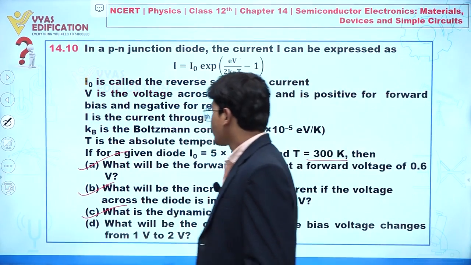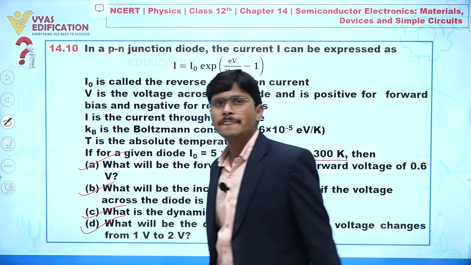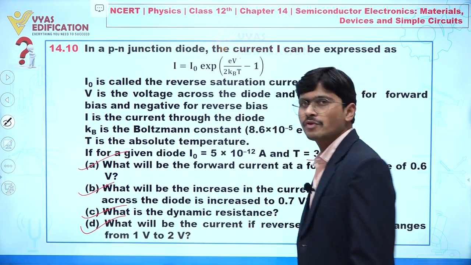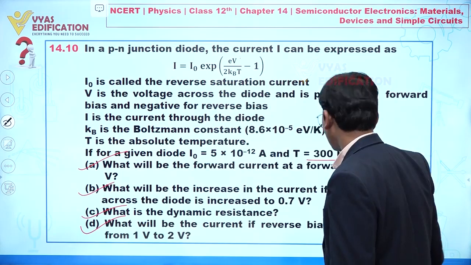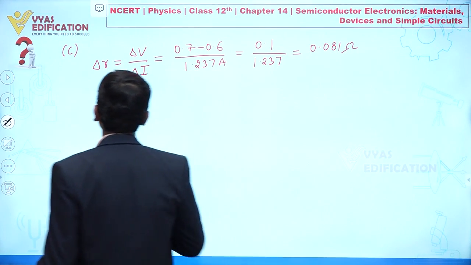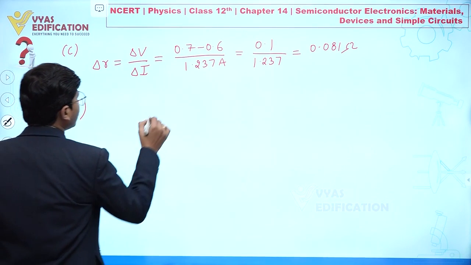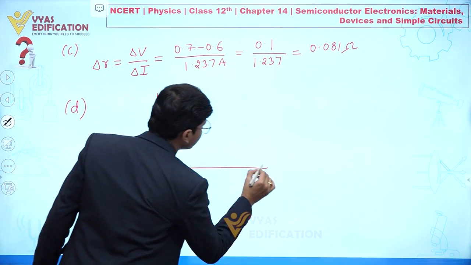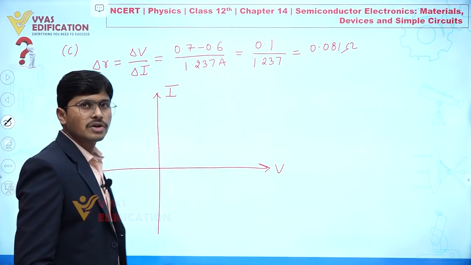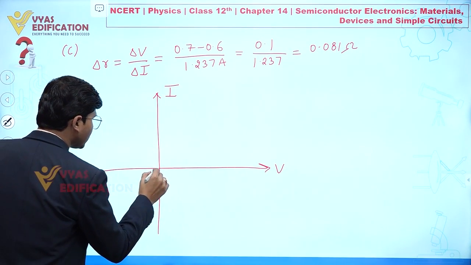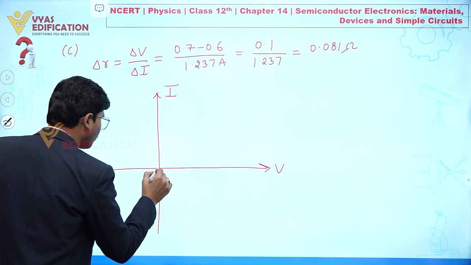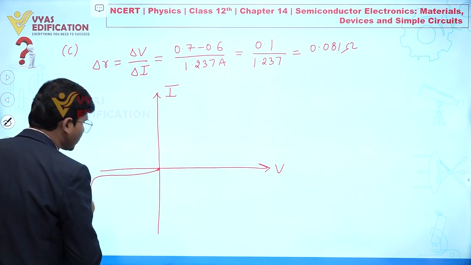Now we have part number D, and in part D it is given what will be the current if the reverse bias voltage changes from 1 volt to 2 volt. So dear student, if you know the characteristics, if I draw a graph between current and voltage, we have a forward bias and a reverse bias. If you draw it for the reverse bias, you will find a curve something like this.